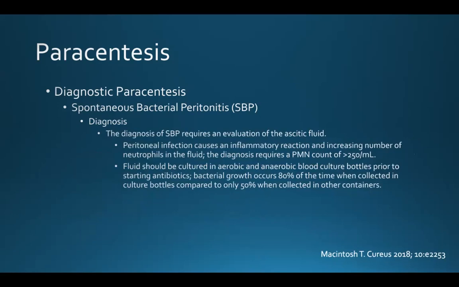The diagnosis requires a PMN count of greater than 250 per milliliter. The fluid should be cultured in aerobic and anaerobic blood culture bottles prior to starting antibiotics. Bacterial growth occurs 80% of the time when collected in culture bottles, compared to only 50% when collected in other containers.